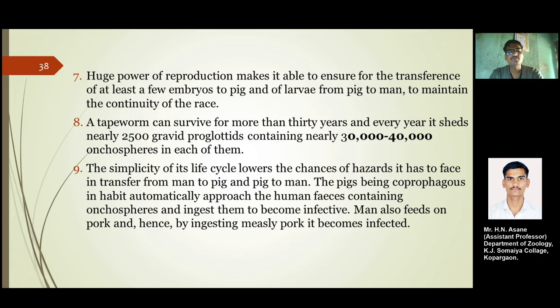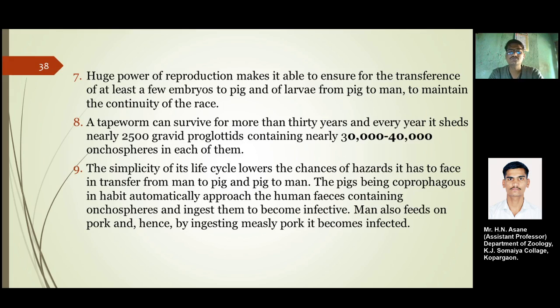So a tapeworm can survive for more than 30 years and every year it sheds nearly 2500 gravid proglottids, okay. Those 2500 proglottids pinch off every year from that adult tapeworm, which is surviving for 30 long years, okay.